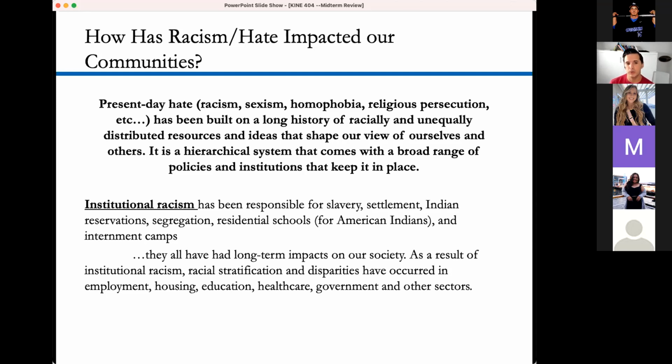Most health disparities are not due to individual level differences in health or genetic differences in health. They are due to these larger structural issues in our society, and to things like discrimination and homophobia, religious persecution, and so on, that lead to certain groups having less access to what they need to be healthy. So make sure you're able to describe those in your short answer question that you already have the prompt for.